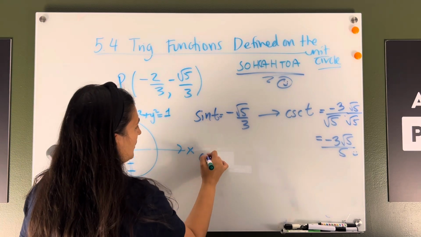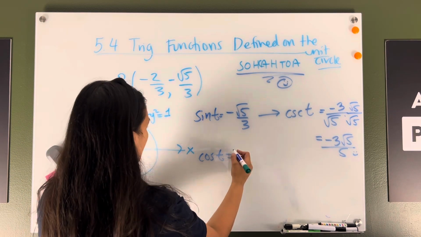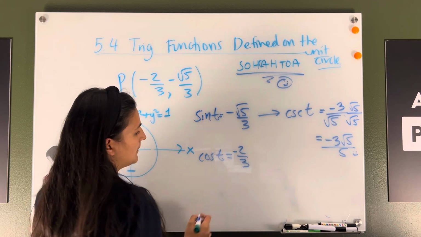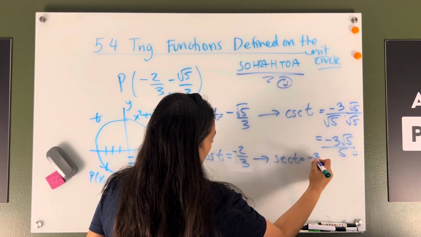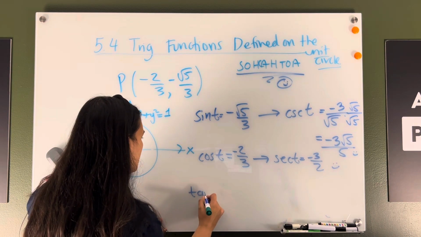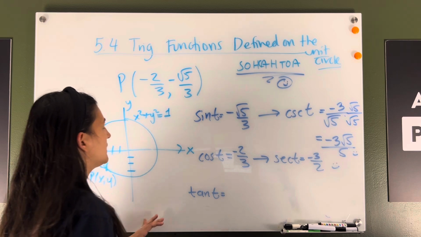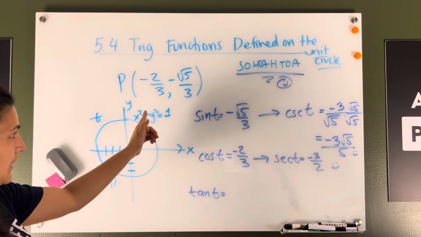Okay. Earlier, we got that the cosine of t is the x value. And so how would we get secant of t? Just flip it. And last but not least, tangent of t, we got that it was sine over cosine, y over x.